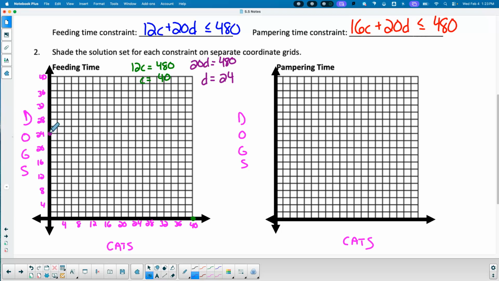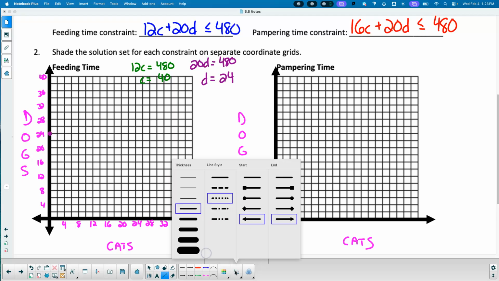What kind of a line, solid or dashed, am I going to connect those 2 points with? Solid one, yep, exactly. So using something straight, we're going to connect those with a solid line.